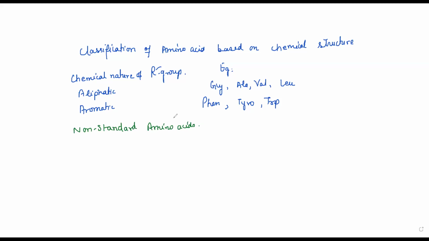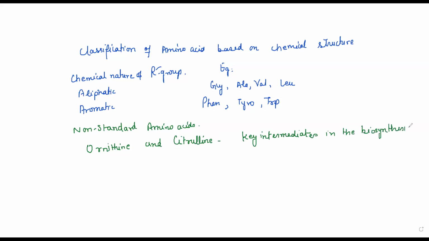For example, ornithine and citrulline are key intermediates in the biosynthesis of arginine and in the urea cycle.